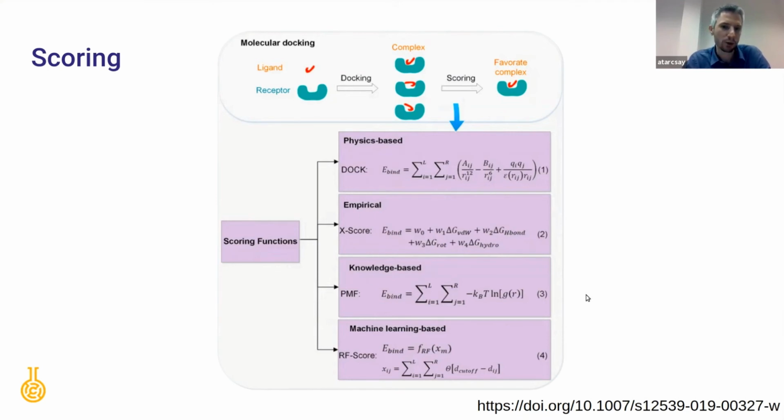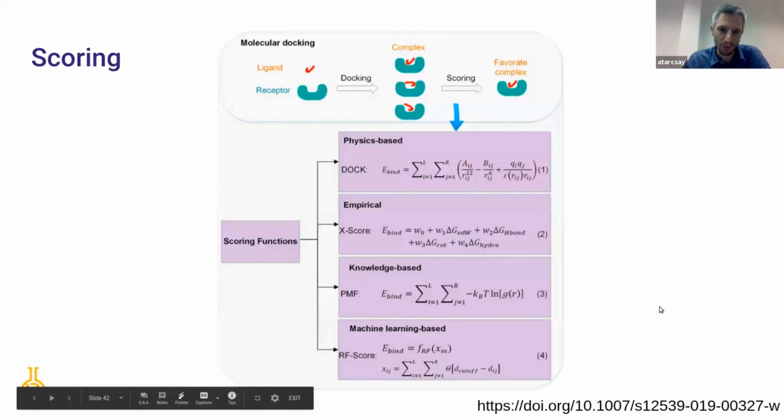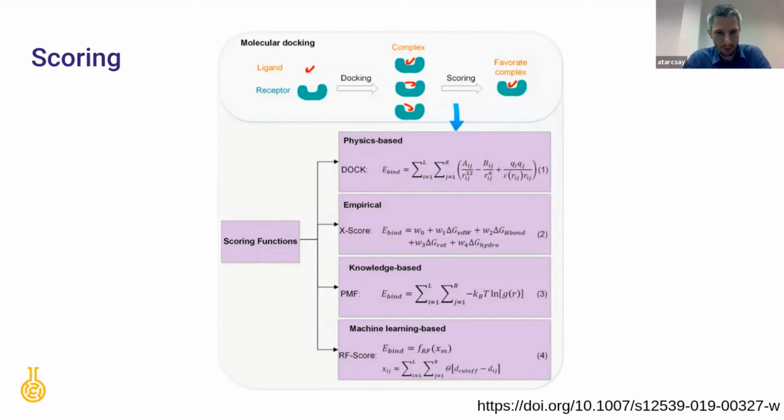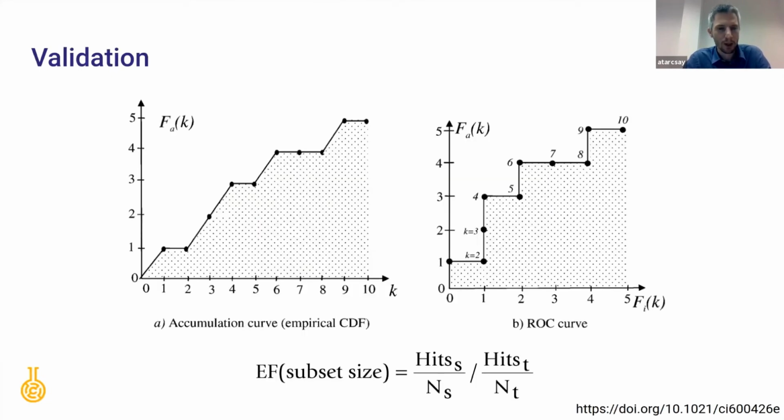There is another method called knowledge-based, when from the observed X-ray structures, atom pairs are gathered, and based on the distribution of these atom pairs, a PMF can be calculated. And there are machine learning methods that can take into account various descriptors to come up with the functions that will predict the energy of binding.